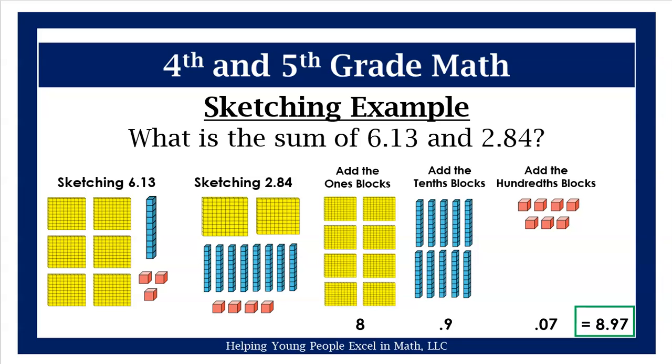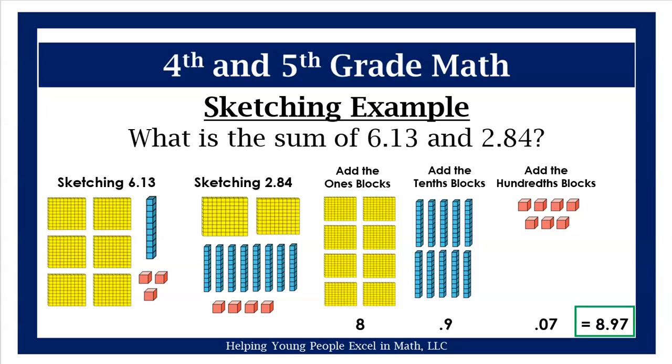Next, we are going to add our tenths blocks. When we count them all together, we have 1, 2, 3, 4, 5, 6, 7, 8, 9. Altogether, we have 9 tenths blocks. Lastly, we need to count together our hundredths blocks.